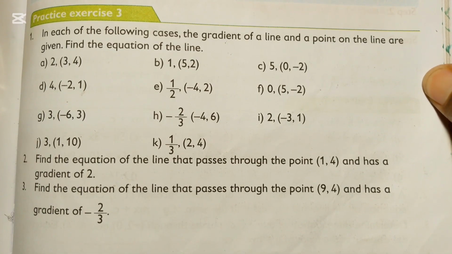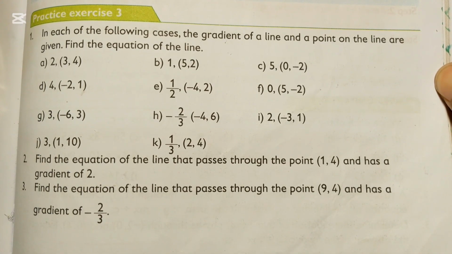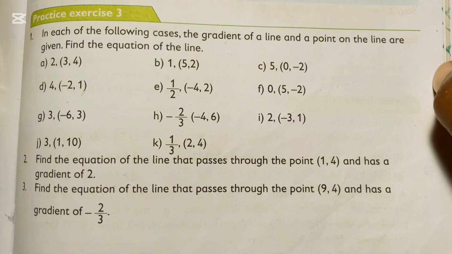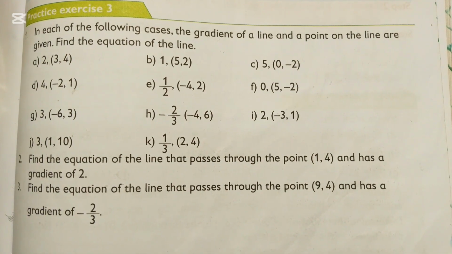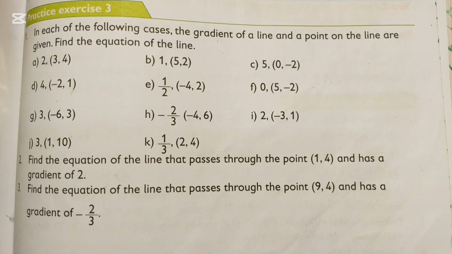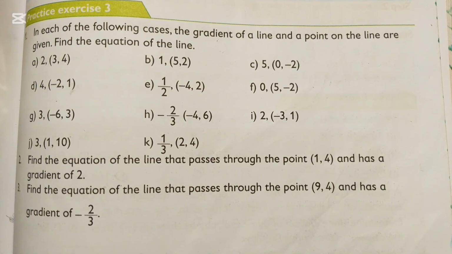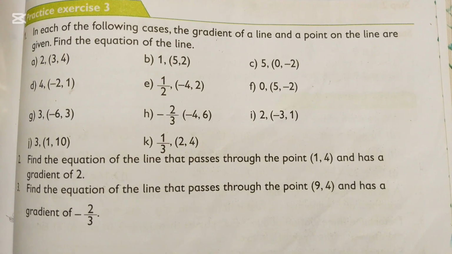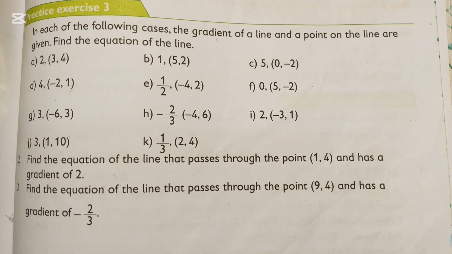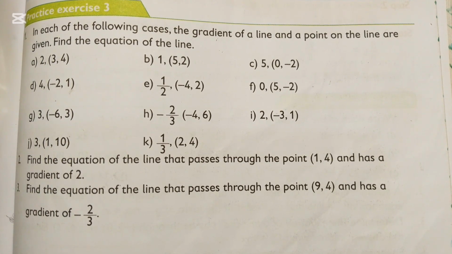For us to get an equation of a straight line given a gradient and 1 point, we do the following. In each of the following cases, the gradient of a line and a point on the line are given. Find the equation of the line.